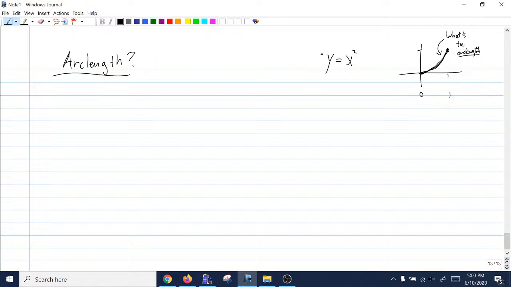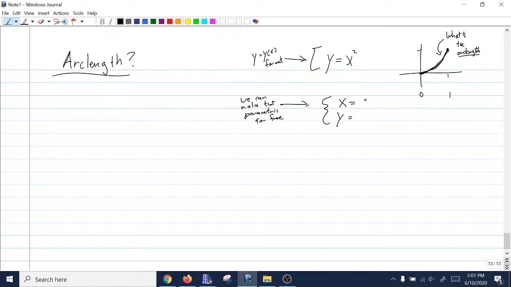I guess a thing I should have said at some point is that this is standard y equals y of x format. We can always make it parametric by introducing a parameter.